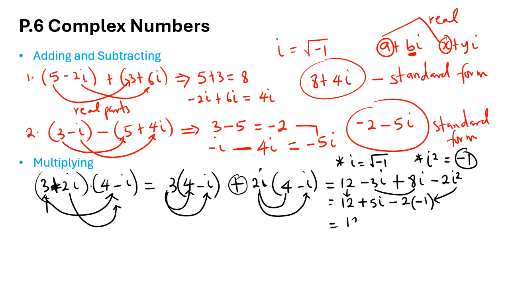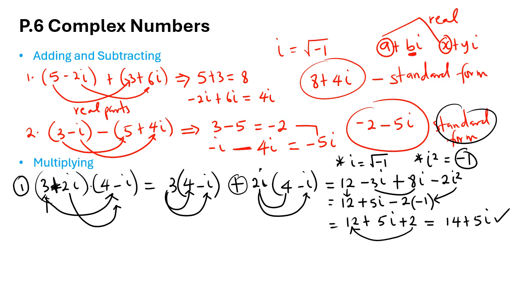Here we have 12 plus 5i, and -2 times -1 will be +2. We need to leave our answer in standard form, so we add 2 to 12, and that ends up being 14 plus 5i. Done.